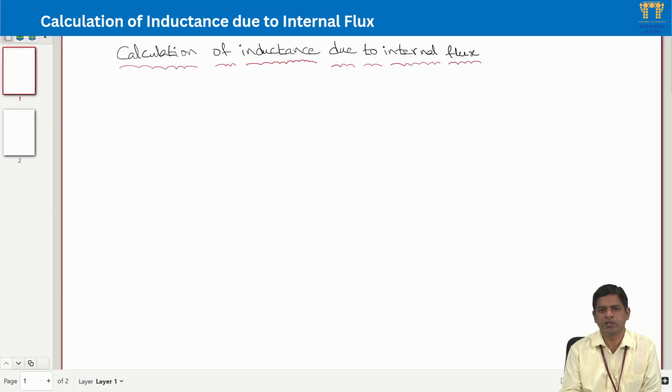Now let us consider a long cylindrical conductor of unit length. So I have already predefinedly drawn some figures. I'll be making use of those figures to make you people understand the inductance calculation due to internal flux.